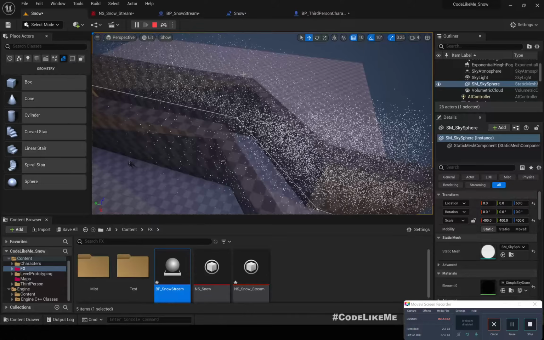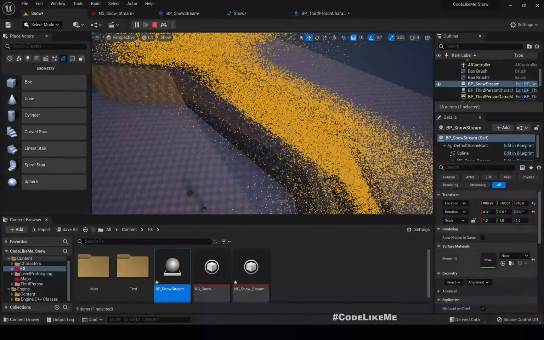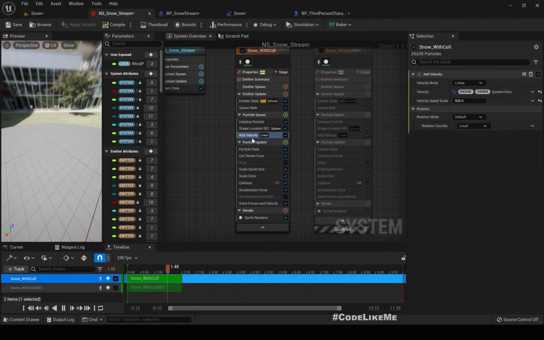It's always moving that way. Why? Right, actually instead of tying it to the x-axis, this add velocity tying it to the system y-axis works.